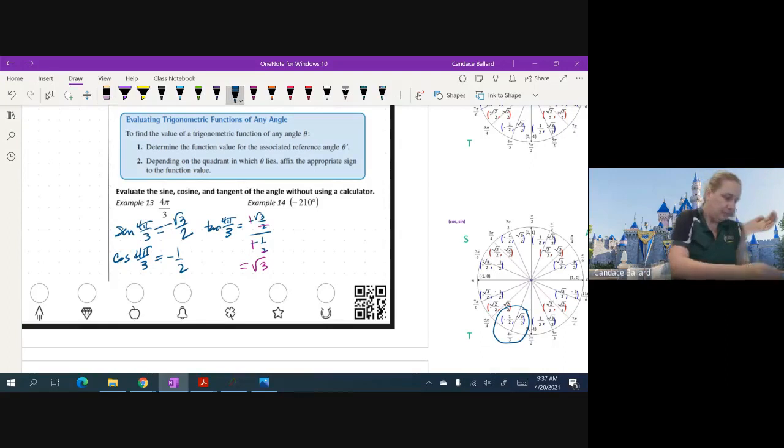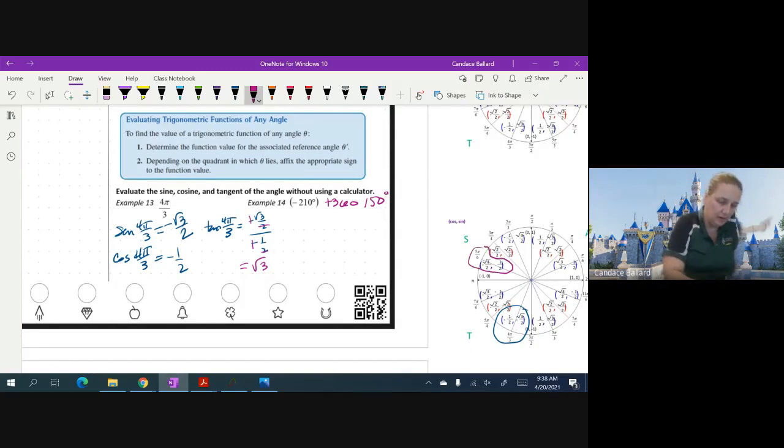All right. On number 14, before I try to find that, I need to figure out what it's coterminal to. So that means I need to add 360 first. So I'm going to add 360 to that. That will give me 150 degrees, which I believe is right here, right?